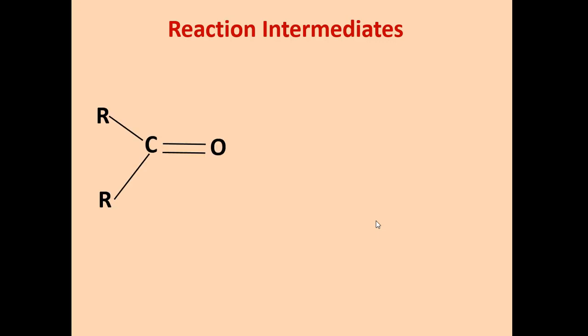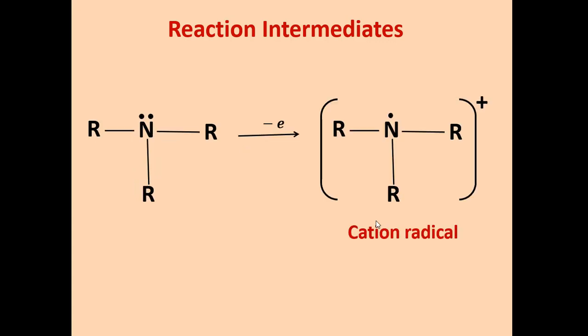Next we find a ketone, a carbonyl group flanked by two alkyl groups. When this system accepts an electron, remember earlier we saw the system losing an electron. Now you see the system accepting an electron. The following thing happens: the pi bond, the carbonyl bond, being weak, breaks, and the electrons are shifted towards oxygen.